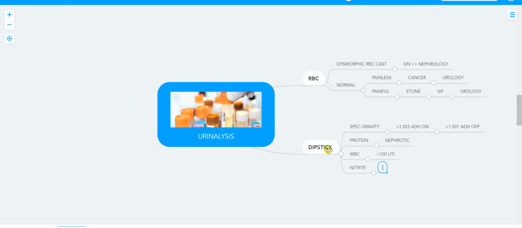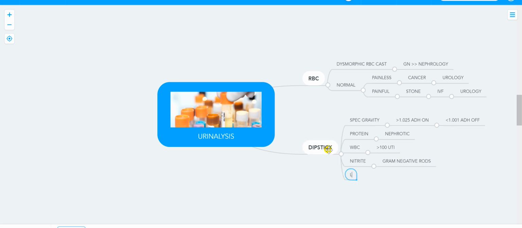If it's positive, this could be indicative of a UTI. Nitrite is actually for gram negative rods, bacteria, that's another interesting thing. Leukocyte esterase, that's for white blood cell, meaning there's infection, most likely.